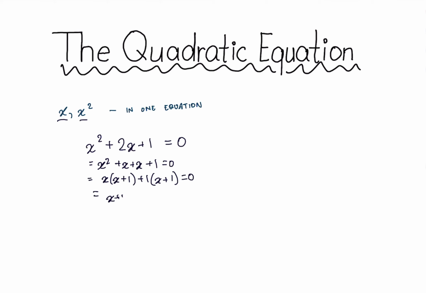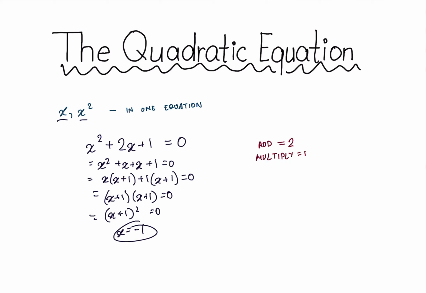And doing this, we found out that this is x plus 1 squared, which gives us an answer of x being equal to -1. So over here, what we did is we found two numbers that add up to 2, and when we multiply both these numbers together, we get 1. So the two numbers are 1 and 1, because 1 plus 1 is 2, and 1 times 1 is 1.